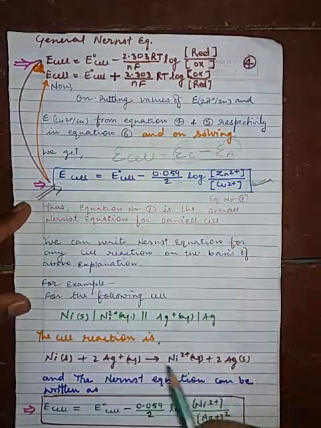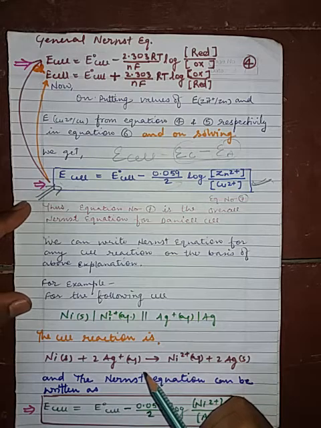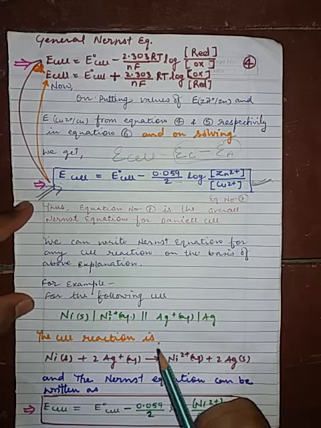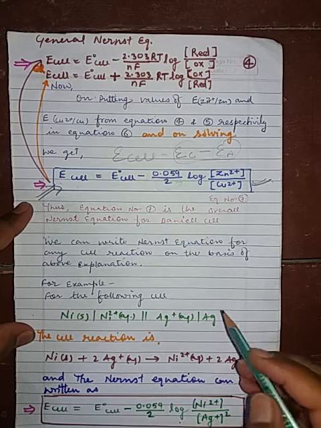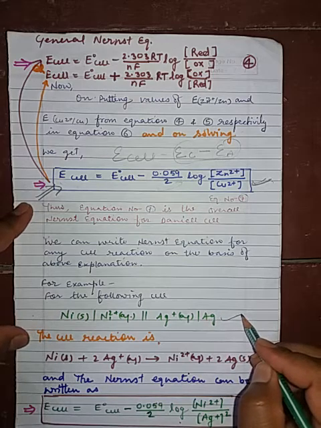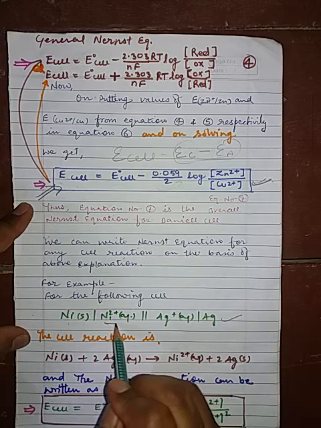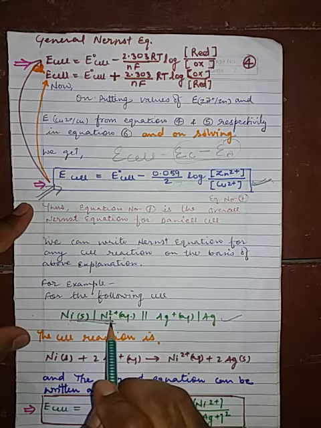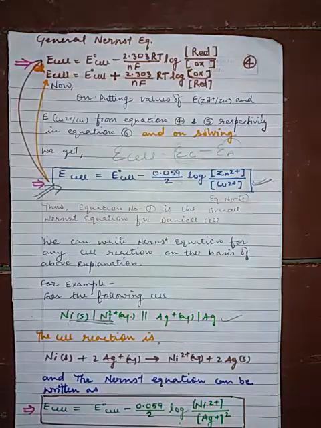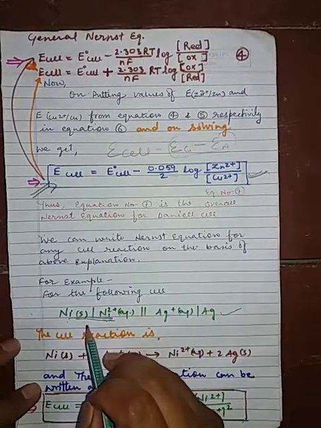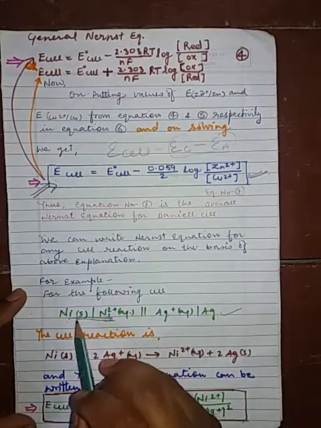We can write other equations also. For example, if a cell has a cell representation like this, where solid Ni is changing into ions, this is a very important concept. We can write this cell representation.